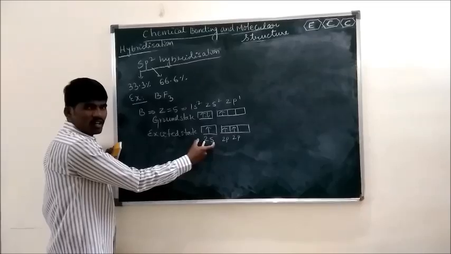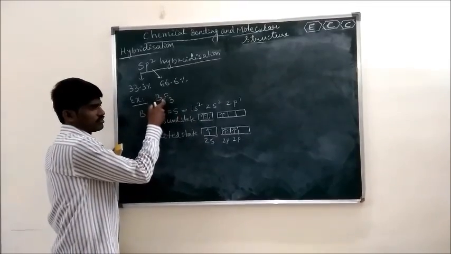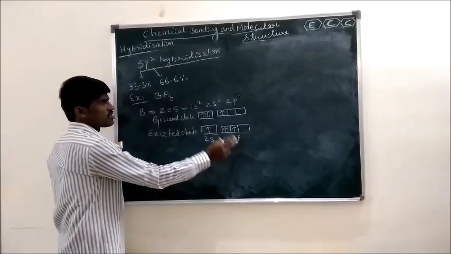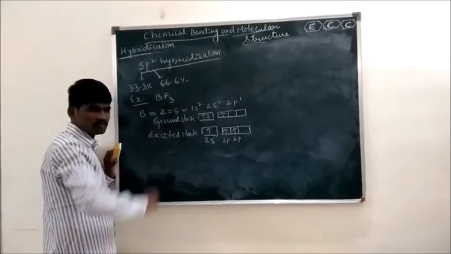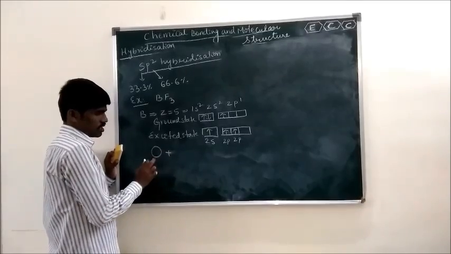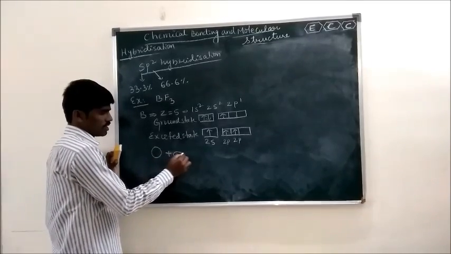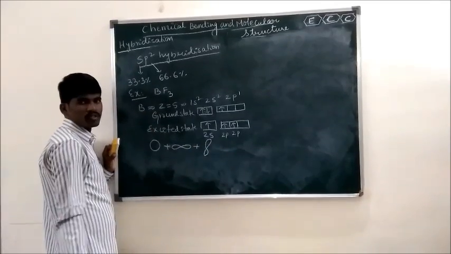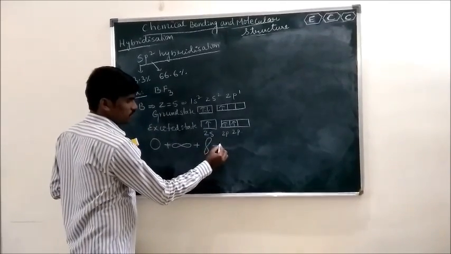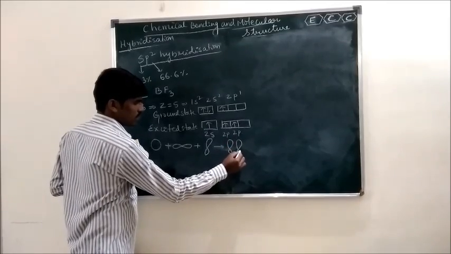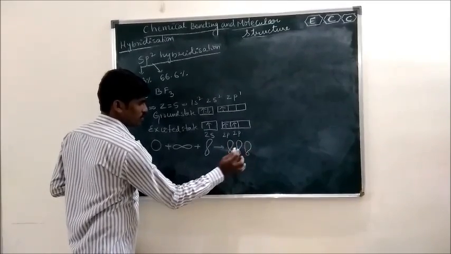This 2s orbital of boron can undergo intermixing with 2 2p orbitals of the same atom, one 2s orbital, one 2p orbital and one more 2p orbital. This will give you 3 hybrid orbitals.